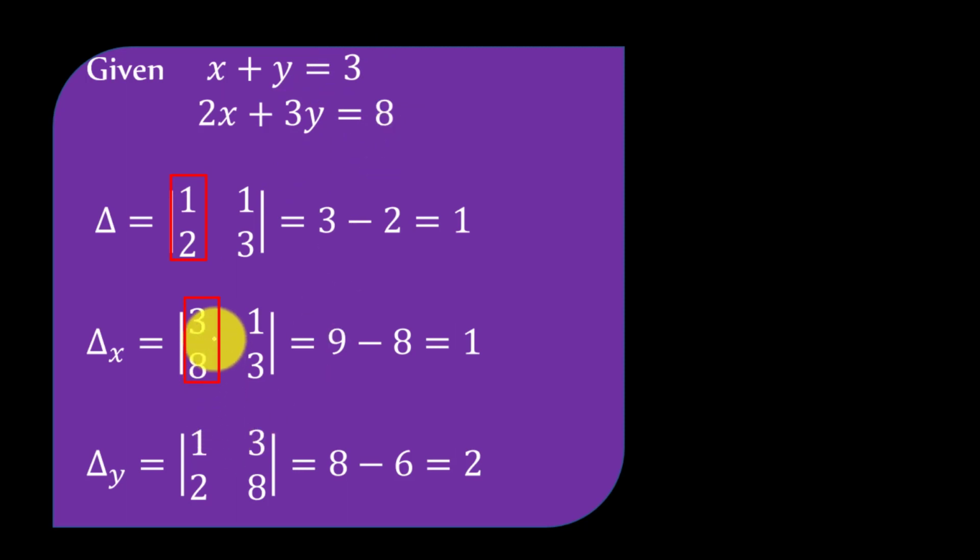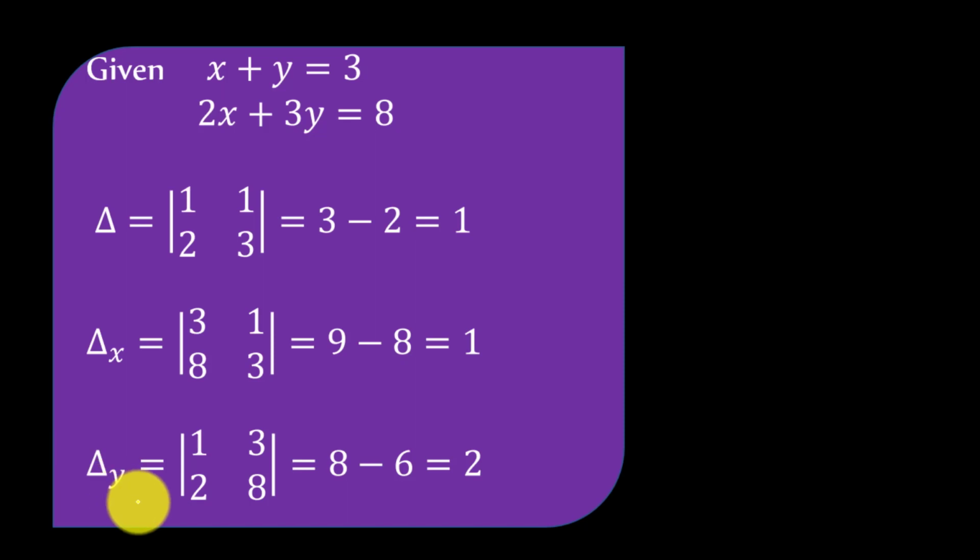The remaining values stay the same, that is, the second column 1 and 3 stays as it is. Now expand: product of principal diagonal elements minus product of secondary diagonal elements. You will get 9 minus 8 is equal to 1.